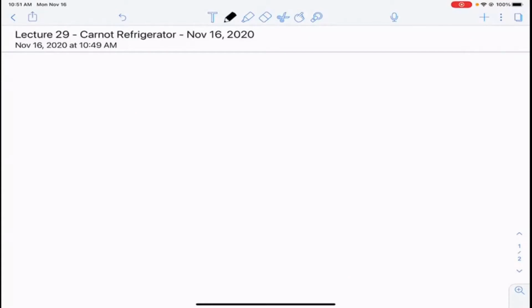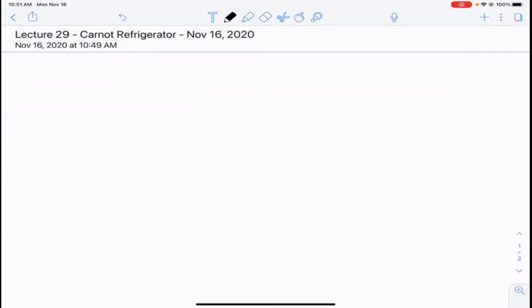And so our very first foray into refrigeration is going to talk about the Carnot refrigerator, because just like the Carnot heat engine, the Carnot refrigerator provides a theoretical limit for the best performance that you could hope to achieve from a refrigeration system.